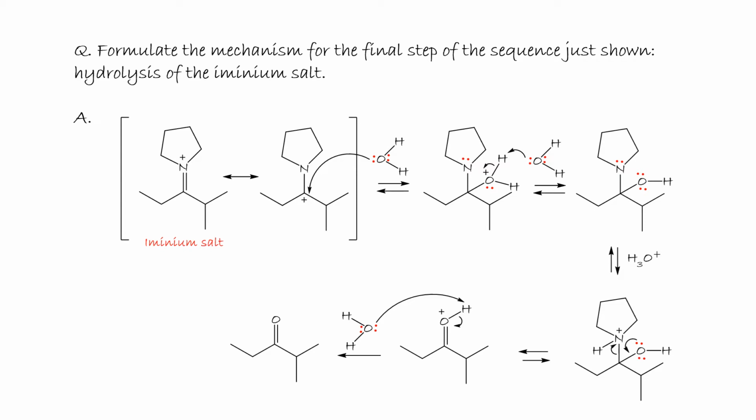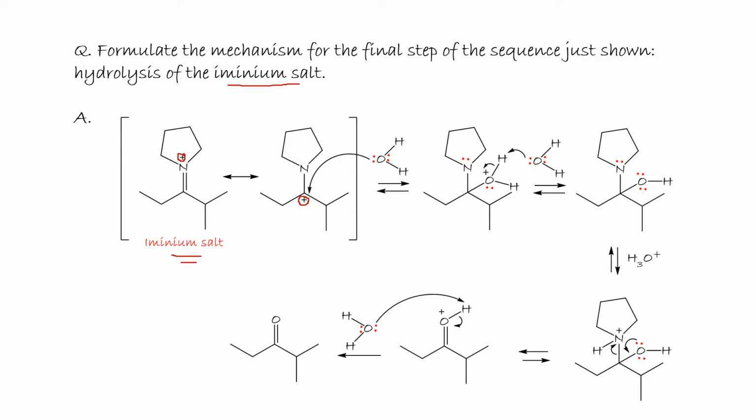Formulate the mechanism for the final step of the sequence just shown: hydrolysis of iminium salt. In resonance structures of the iminium salt, either the nitrogen has a positive charge or this carbon carries the positive charge. This is the structure of the iminium salt.